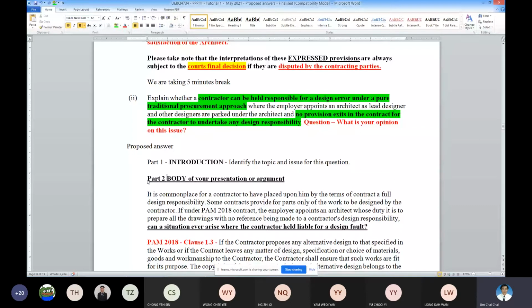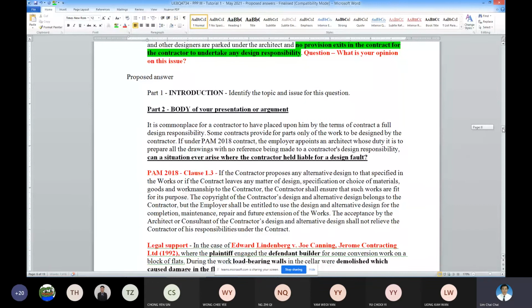So this one is a higher level already. Explain here is no more level 2. This explain is usually high level, C5 category already, because it's a high level. So under this category, you have to have your introduction and then have your body to explain.